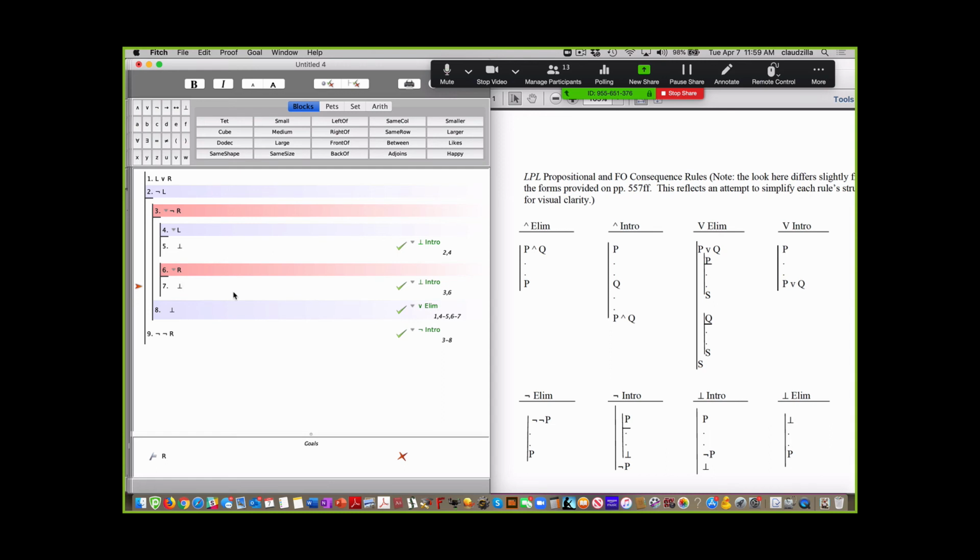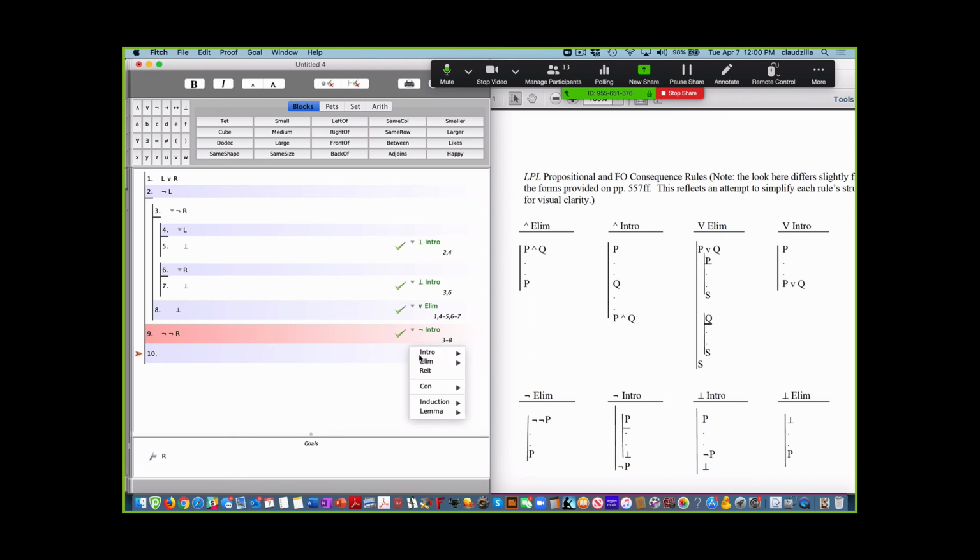Right? Now, what I did just a moment ago is I clicked on the check verify proof. Notice that Fitch tells me that each of my steps and what is line 9, my final step right now, they're all truth functionally correct steps. But I haven't satisfied my goal. Why? Well, because I've said it's not the case that not R. And what I need to do is eliminate, so take a look at negation elimination.